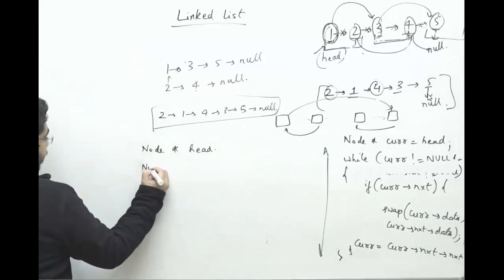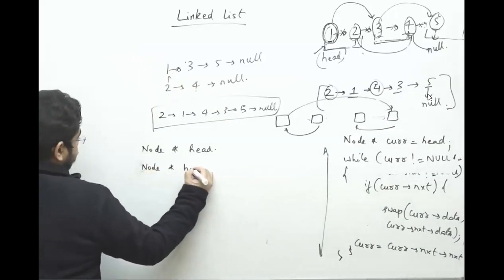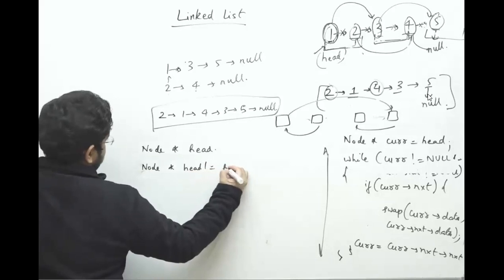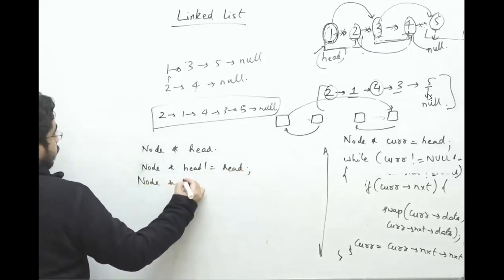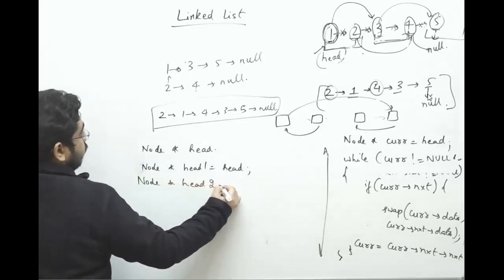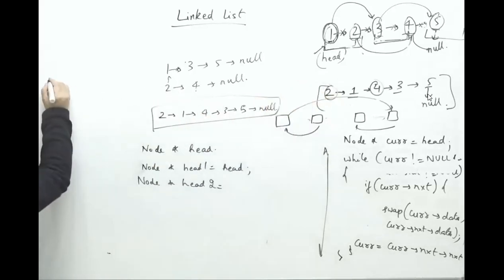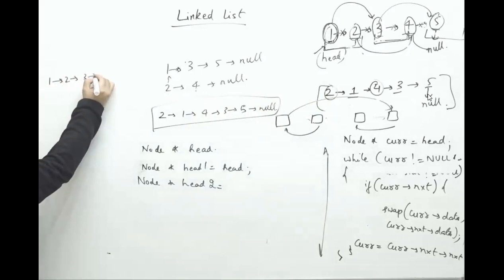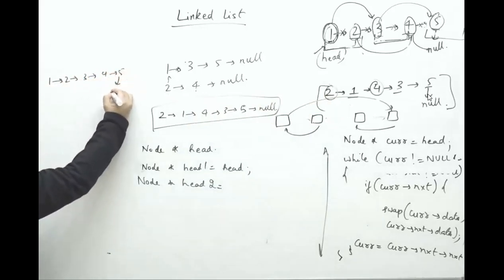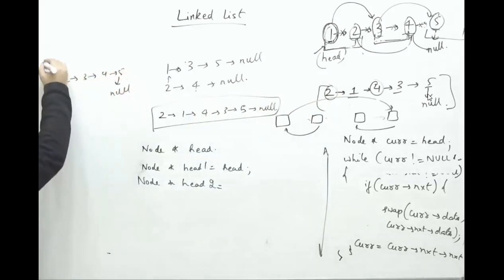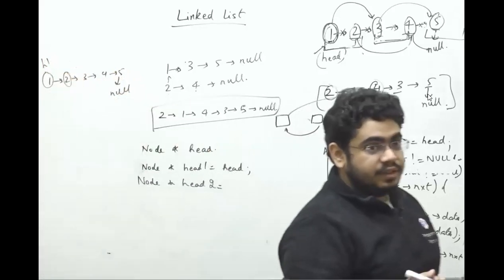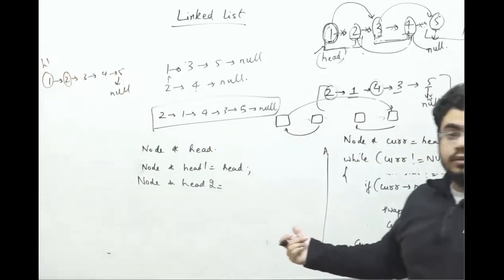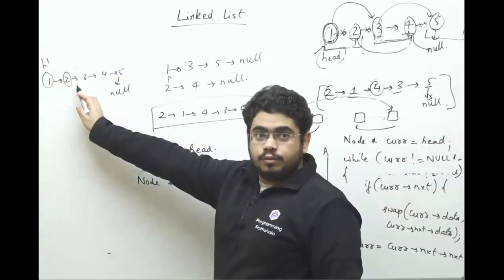So let's say I create head1 as head. What will be my head2? Can you point out? Look at this list. This will be my head1. What should be my head2? Yeah, head's next. Everyone agrees? Head's next. This will be my head2.